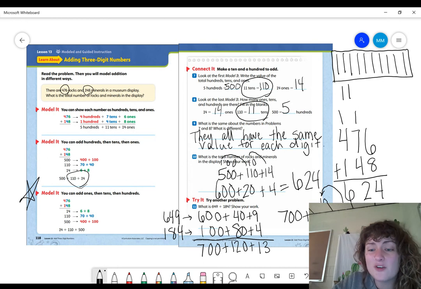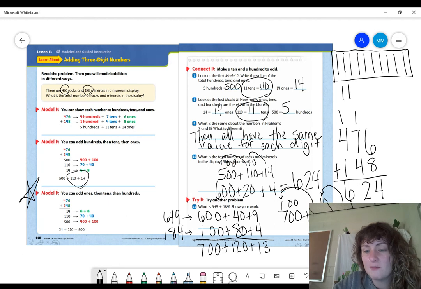So then I go to my tens place, and I would have 120 plus 10. That would be 130. I can't have a hundreds in the tens place. So I'm going to move my 100 to the hundreds place. So now I'm going to put an X through those so I don't add them. So now I can add my tens.